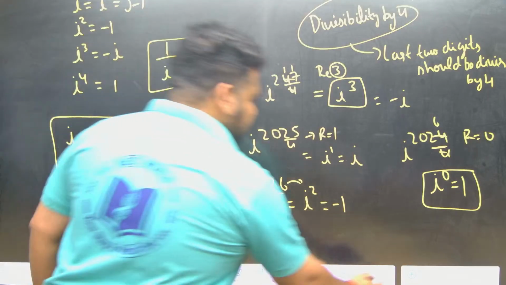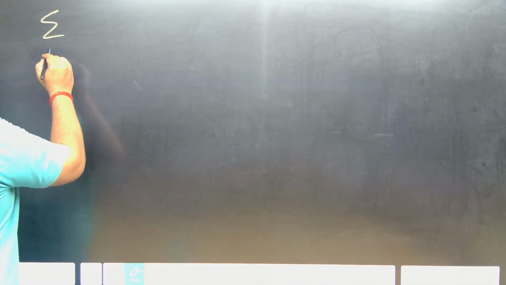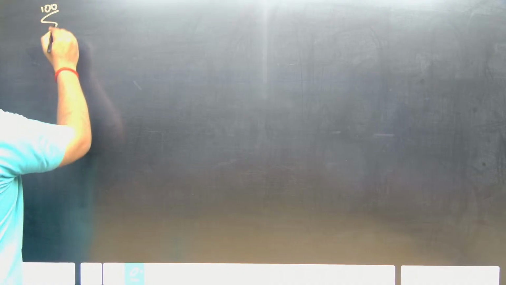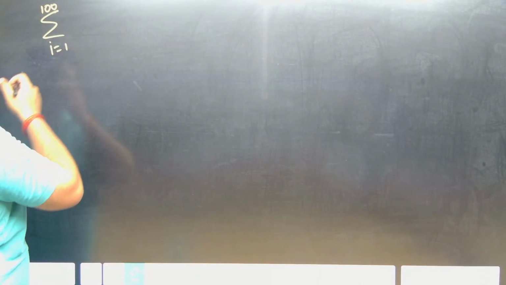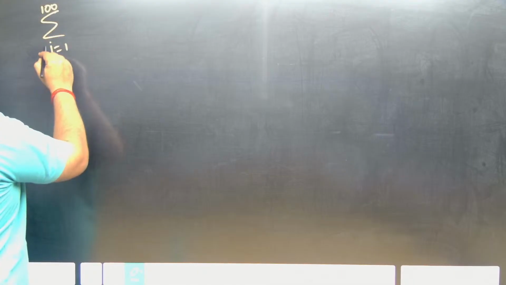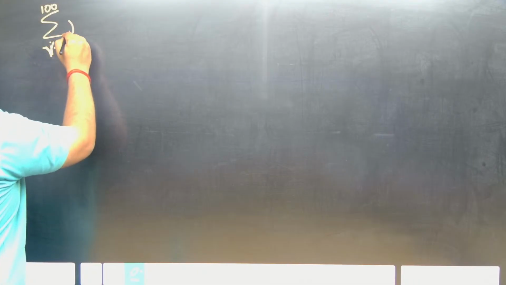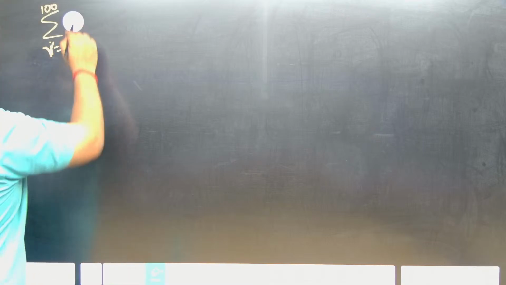Now, how they will ask the question is, they will give summation of i running from 1 to 100, or they will give r running from 1 to 100, i power r.